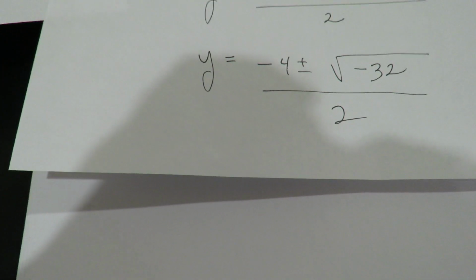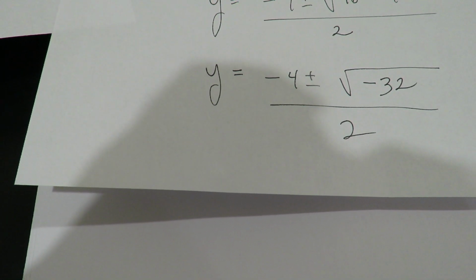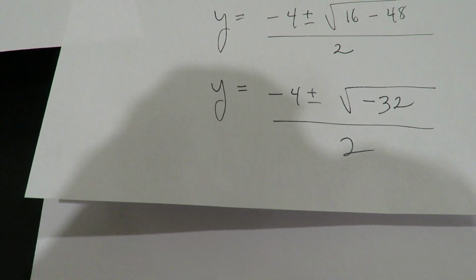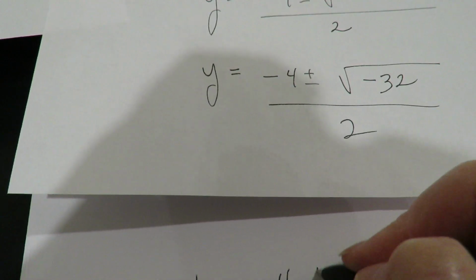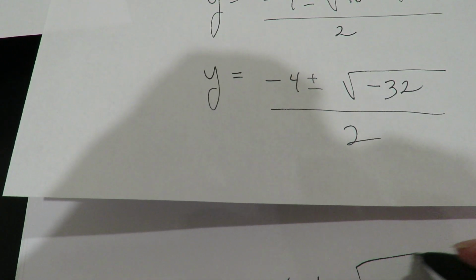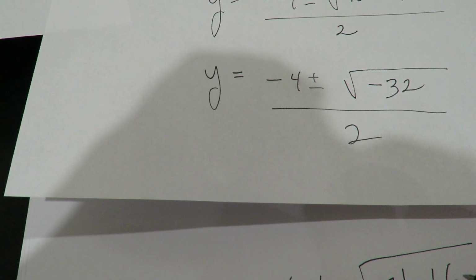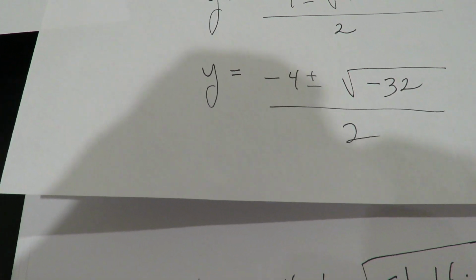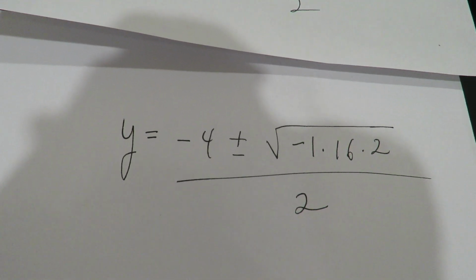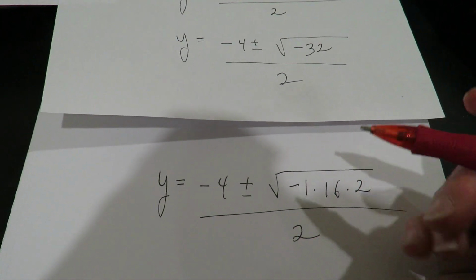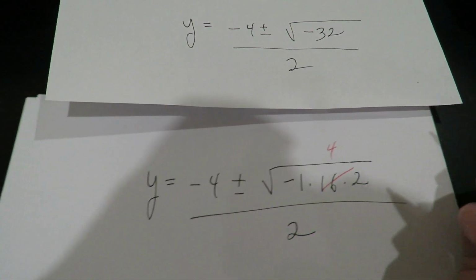Now the biggest perfect square in 32, that's going to be 16. So I want to think about this as negative 1 times 16 times 2, all over 2. So I'm breaking it into its parts. The 16 comes out as a 4.